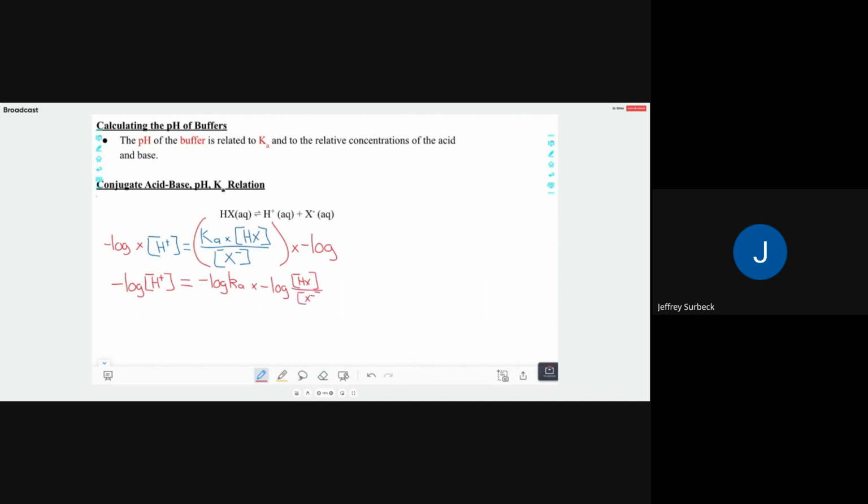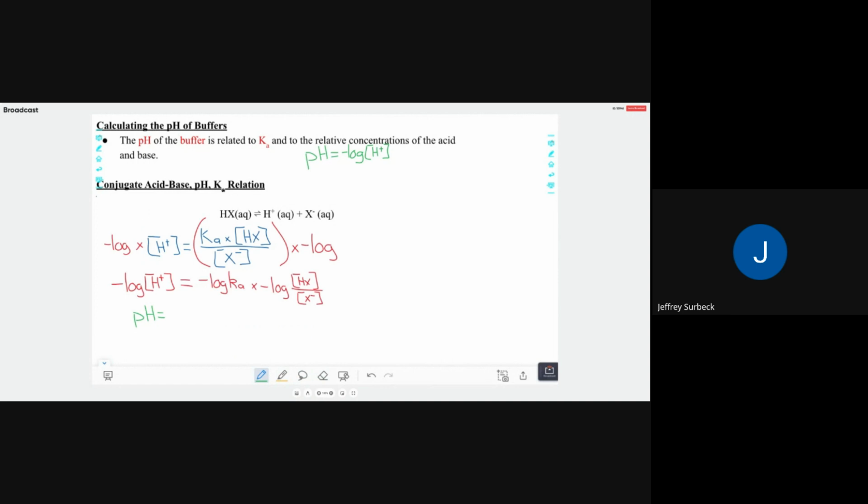And now we're going to do some thinking. Negative log of H plus could just be equal to what? pH. Yeah, the pH, right? If you don't remember that, the pH is equal to the negative log of our H plus. So instead of having negative log of H plus, let's insert the pH into this portion here.